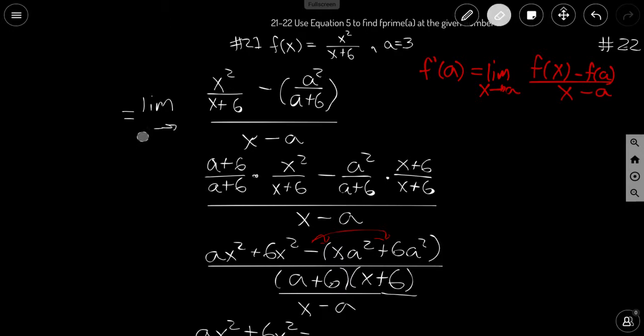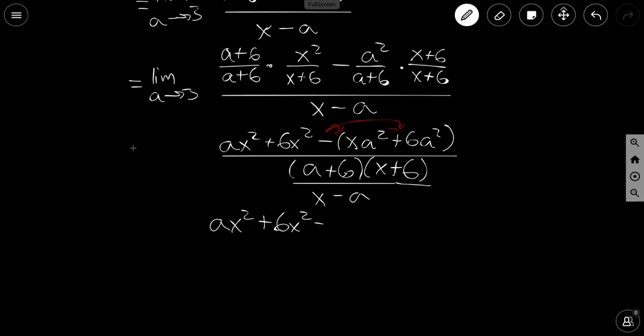So this is the notation that we need to be including within every step. Alright, so moving on, here I've distributed the negative.